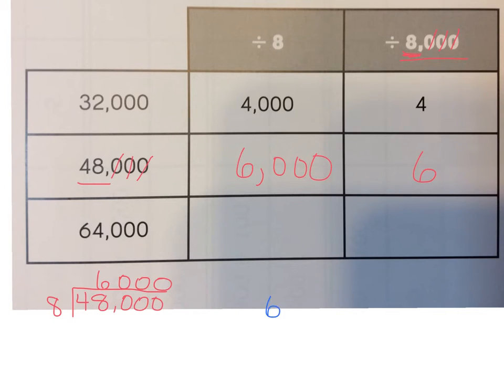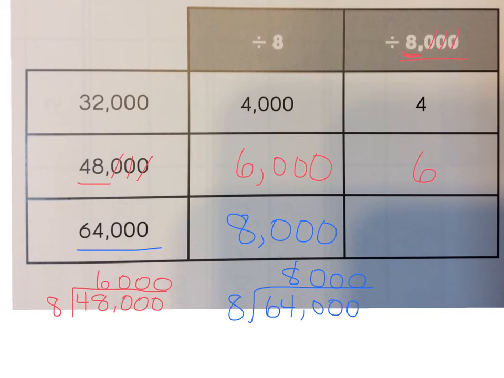And 64,000 divided by 8 gives me 8. Fill in my place values for 8,000. Or when I divide this by 8,000, there's 3 zeros in each one, so knock those off. And 64 divided by 8 is just 8.